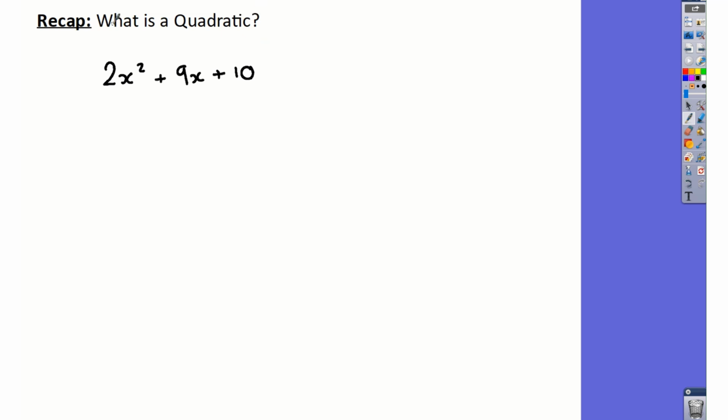If you remember when we were working with quadratics earlier on, well, last year, we looked at using the quadratic formula. When we used the quadratic formula, we said that the coefficient in front of the x squared was our a, so this was our coefficient a. The x term was b, and the end term was c. The general equation for a quadratic is the following.